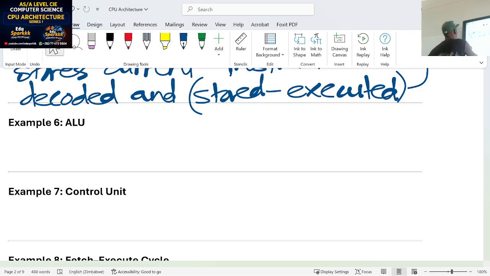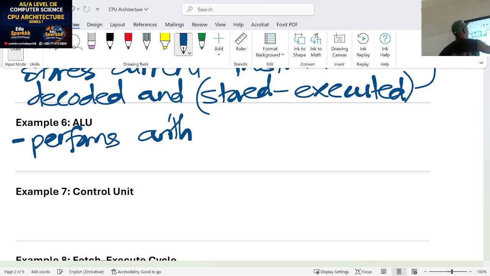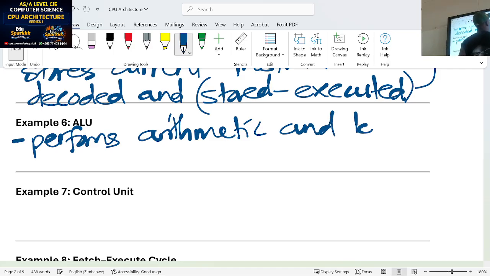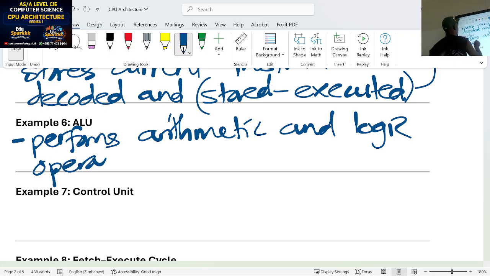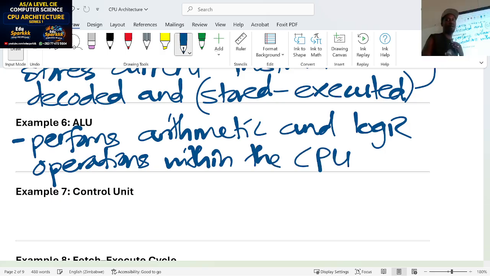So it performs arithmetic and logic operations within the CPU or central processing unit. So that's where the calculations are done.